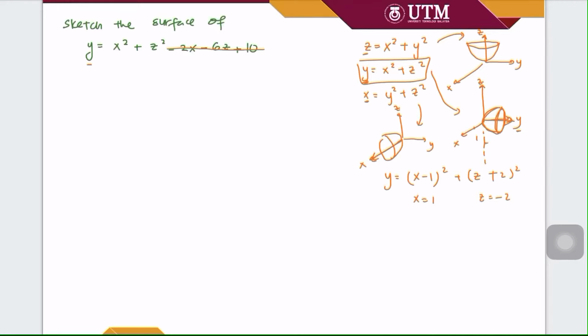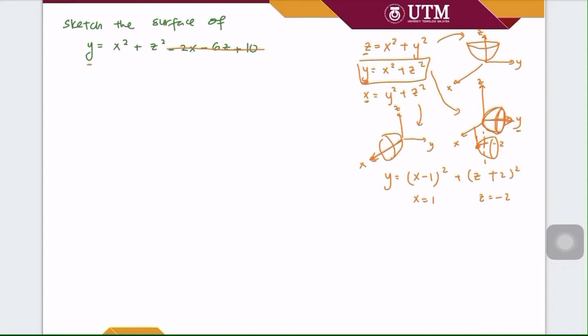So the center is there, and your bowl will be there. You should know the basic graph so that you can imagine what graph you will sketch.